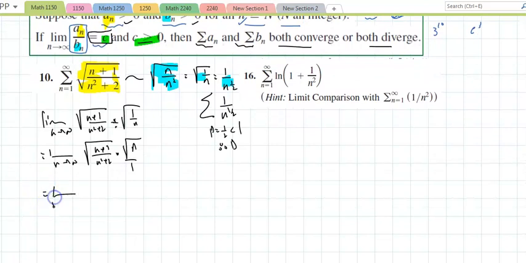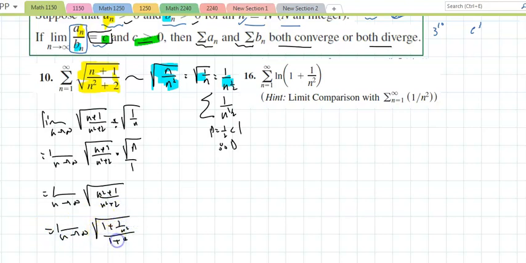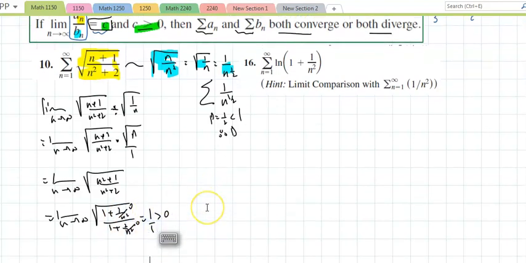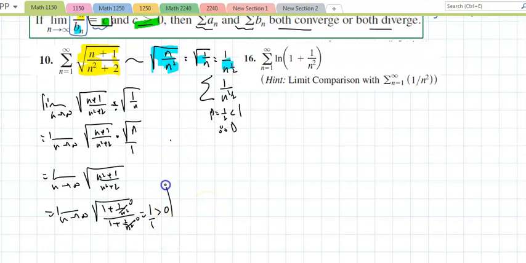And wouldn't that be the limit as n approaches infinity of the square root of n squared plus 1 over n squared plus 2? Divide by the highest power term of the denominator. And wouldn't that limit equal 1, which is bigger than 0, 1 over 1? What's your conclusion? Therefore, they both, in this case, diverge by limit comparison test.